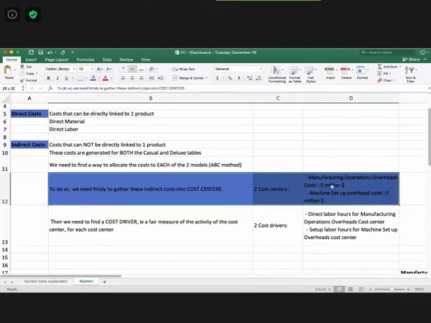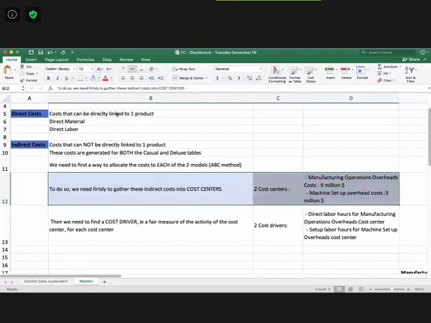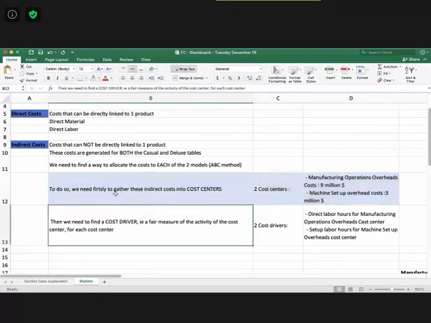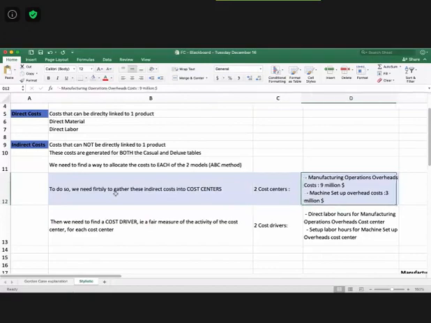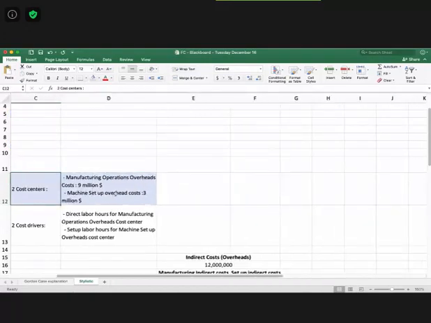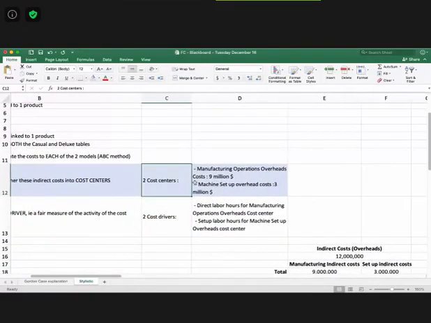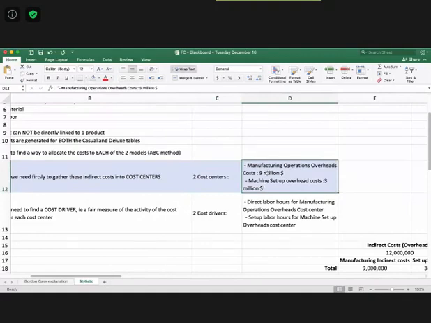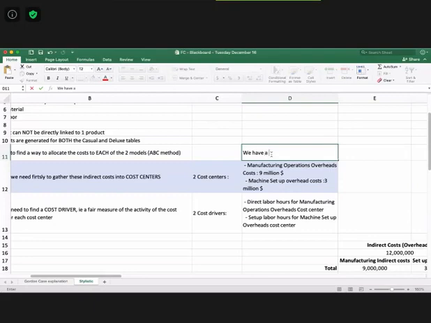Maybe I'm going to put it a little bit lighter because it's not very nice to read, I guess. We identified the 2 cost centers: 9 million of manufacturing operation overheads and 3 million of setup. So we have a total of 12 million of indirect cost to allocate.